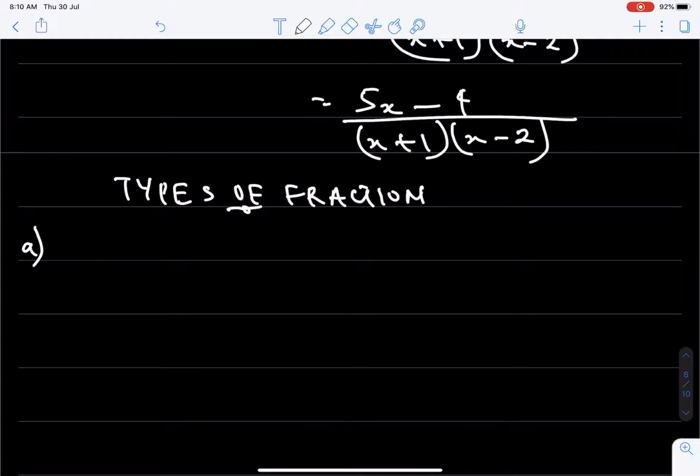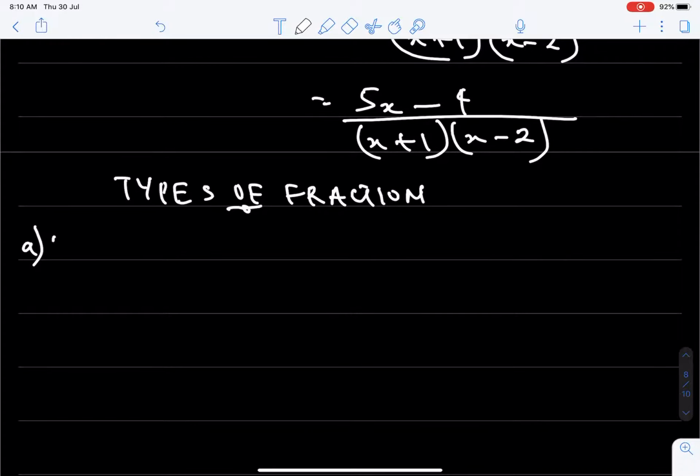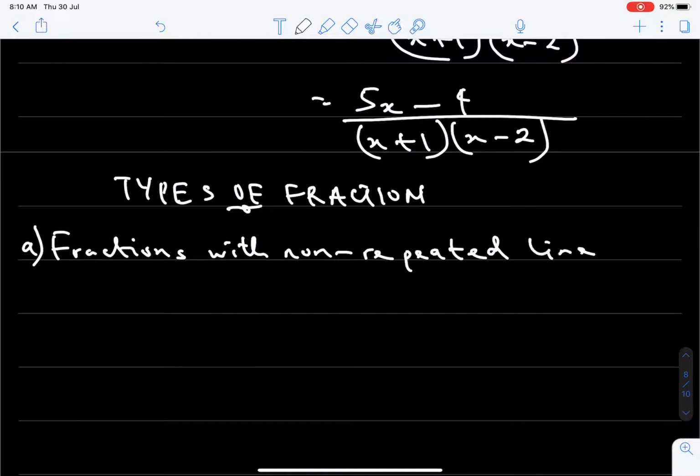A, fractions with non-repeated linear factors at the denominator.